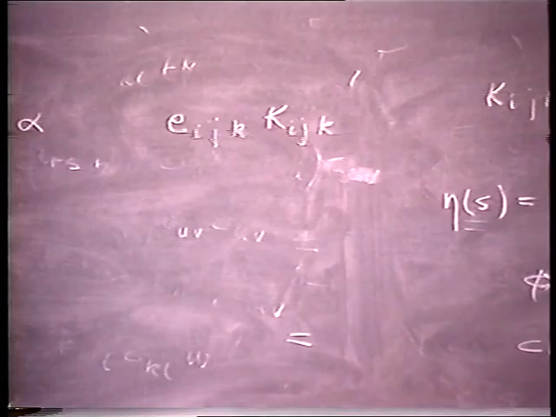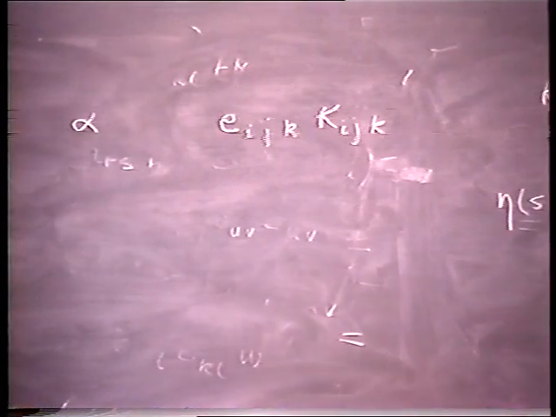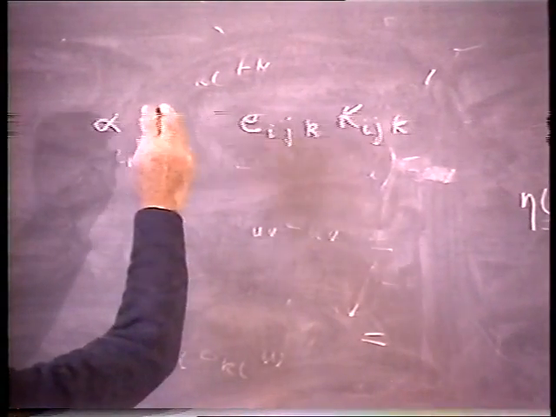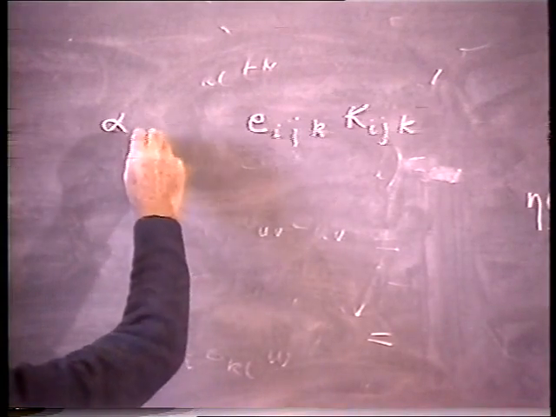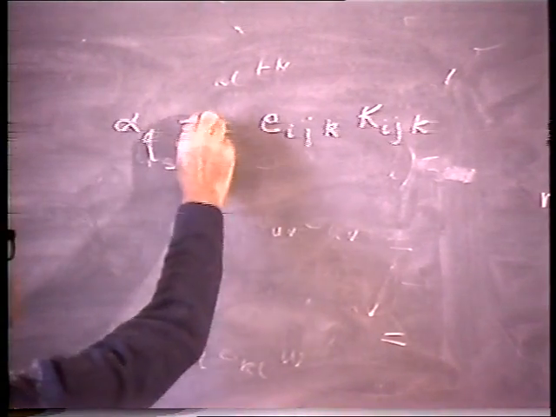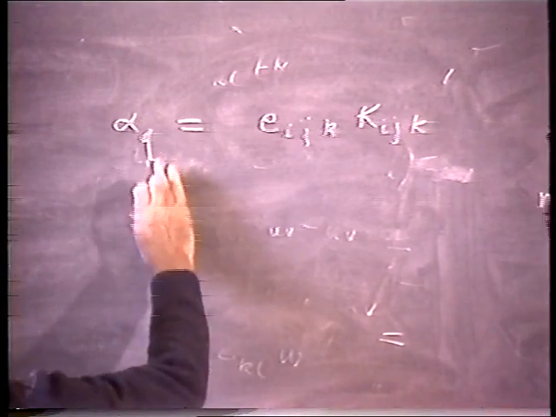I typically call such intermediate expressions alphas. So in fact this would be, for example, alpha 9, or whatever.